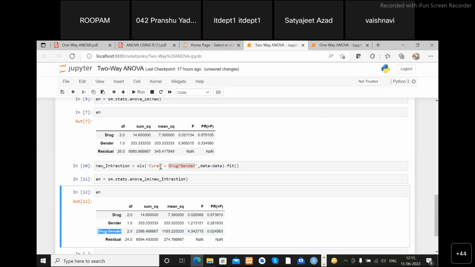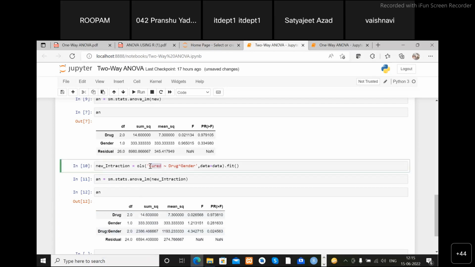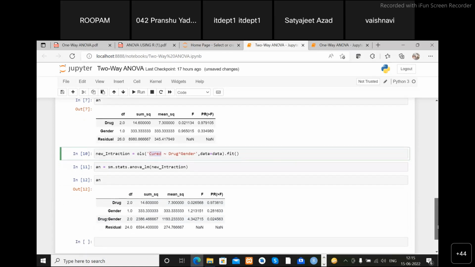So if I give you the data set of cured and gender, it may be highly correlated, but whether there is a causal effect could be checked using this kind of ANOVA analysis. So drug has some effect on cured. The causal effect could be modeled and verified using ANOVA. This is what I was trying to establish, that correlation is not always causation.